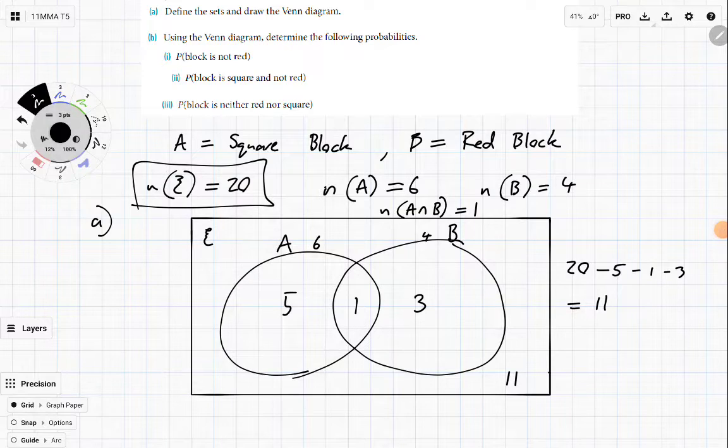Now we can look at part B. So using the Venn diagram, determine the following probabilities. What is the probability a block is not red? Well, remember red is this one here, so not red would be everything else.